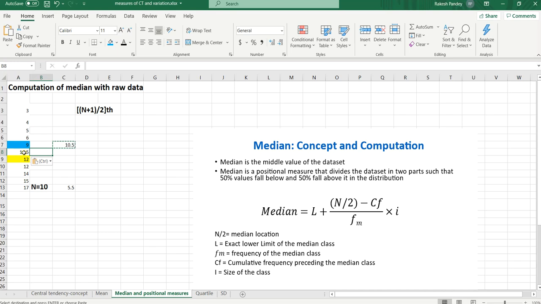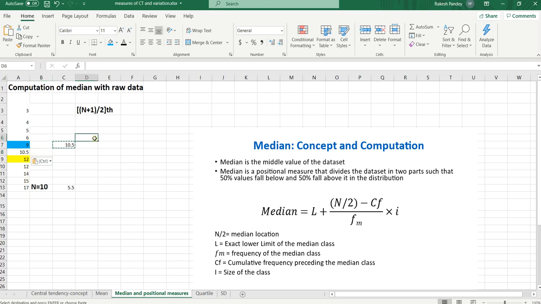And now you see that there are 5 values, 1, 2, 3, 4, 5 values which are below this value 10.5, and there are 1, 2, 3, 4, 5 values above it.